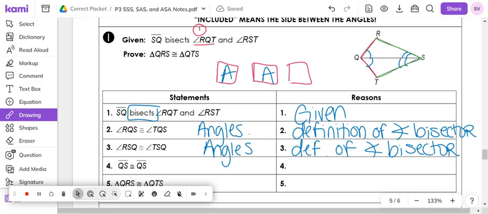And then now we pretty much exhausted everything that we know about SQ bisecting those two angles. So there's nothing else we can pull from it. So we're in a when in doubt, look for either something reflexive or for vertical angles. Here we have something reflexive. QS is a side that's shared between the two triangles, so it's congruent to itself. So we have a side here. Okay. Our reason for that is the reflexive property.